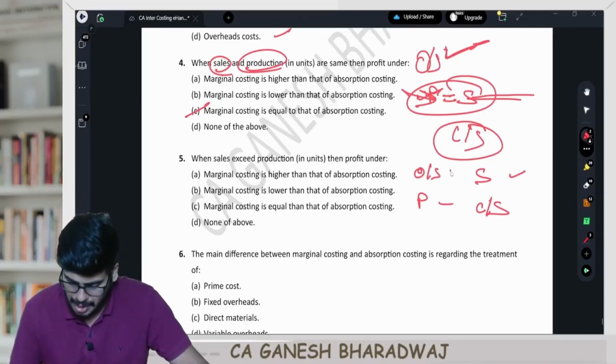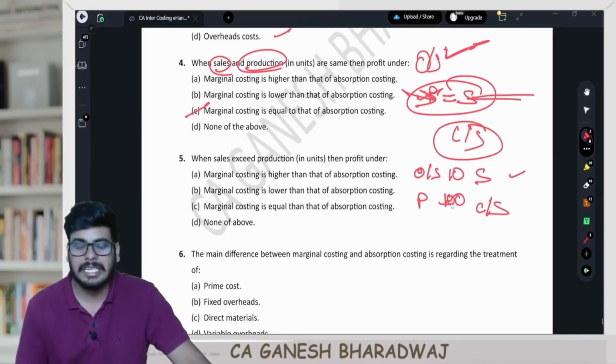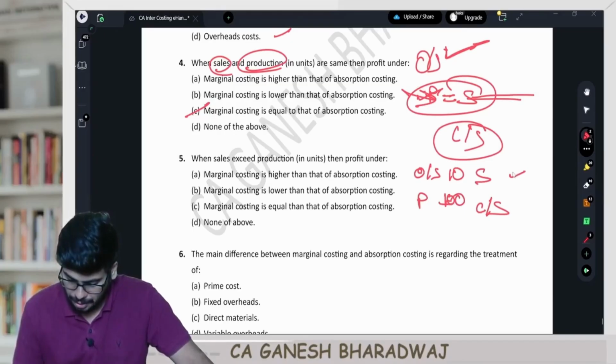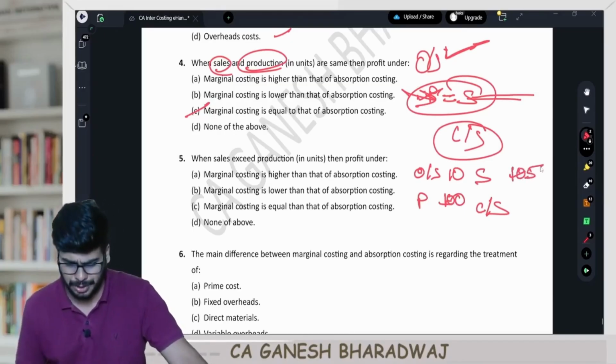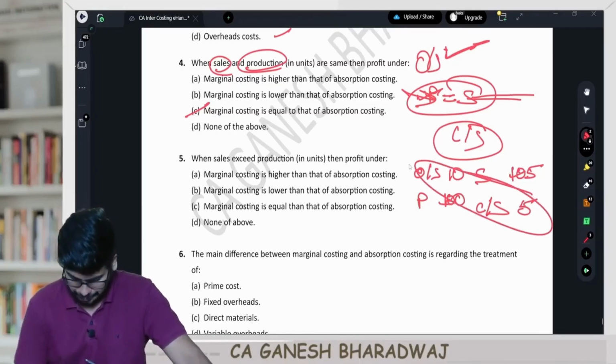Keep an example. I have an opening stock of 10 units. Production is 100. Sales, let us say, was 105 units. What will be my closing stock? 5.